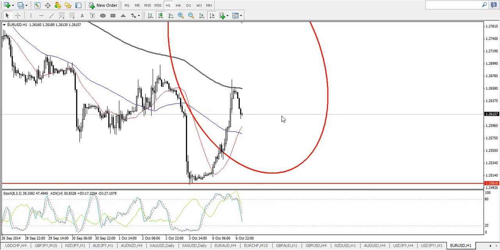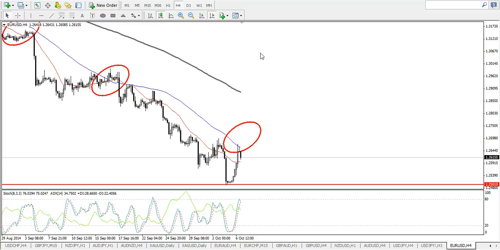Stochastic has already reached the overbought zone, crossed downwards, and it's already beginning to fall. So we might just want to wait for the 4-hour chart, wait for the candle to form, for the confirmation to form before we enter the trade again. Alright, so that is for euro against the US dollar.